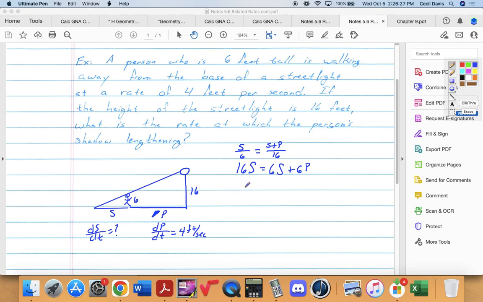Well, I can simplify that even more, right? 10S is going to be equal to 6P. Now I'll take the derivative of both sides with respect to time. And I'll have 10 dS/dt is equal to 6 times dP/dt.